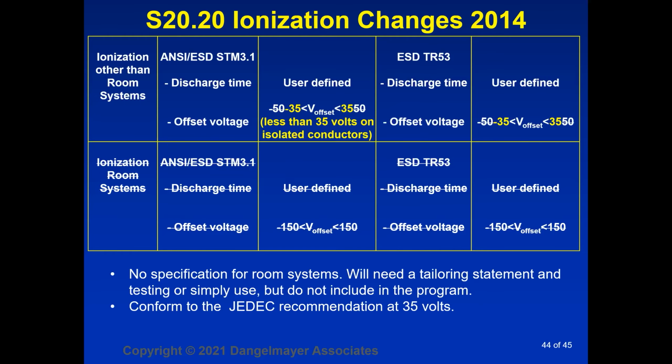That can be done. The other thing you can do is just not include it in your ESD control program. You don't mention it, you don't have any requirements of the system. You're still going to make sure that your ionization in sensitive areas is less than 35 volts, but you will be able to use that room system for other issues like contamination control.